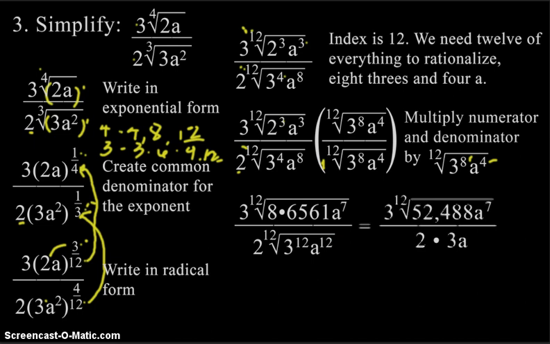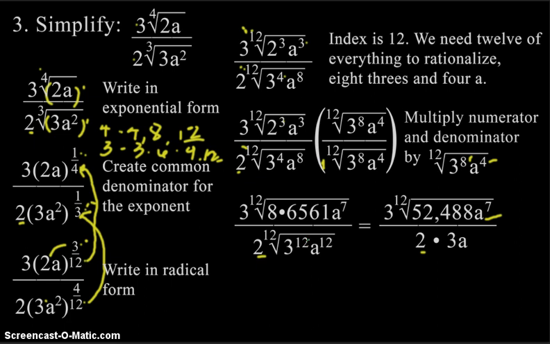Okay. So, simplify. 8 times 6,561 is 52,488 times A raised to 7. So, dito naman sa denominator, yung 2 na coefficient natin, so isulat natin dyan.